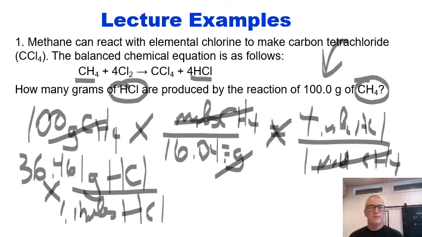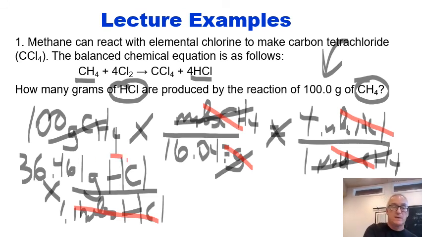grams. So now I check and make sure that all of my units have canceled. My grams of CH4 have canceled. My moles of CH4 have canceled. And now I'm canceling moles of HCl on top, moles of HCl on bottom. And the only unit I have left is grams of HCl.